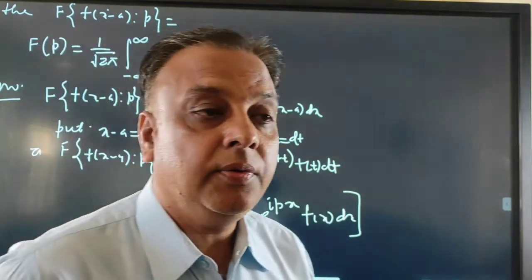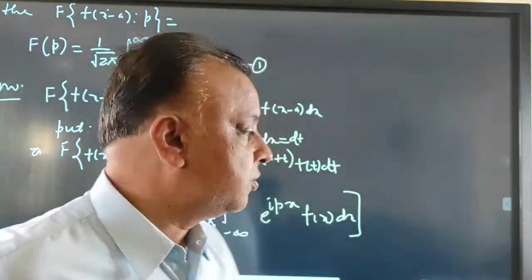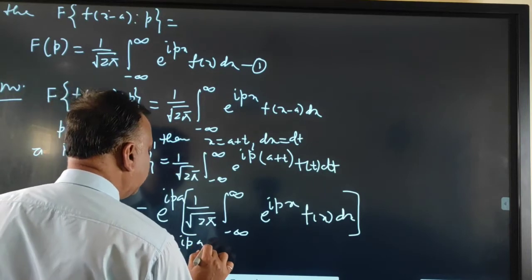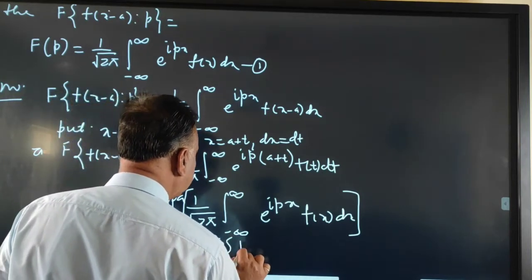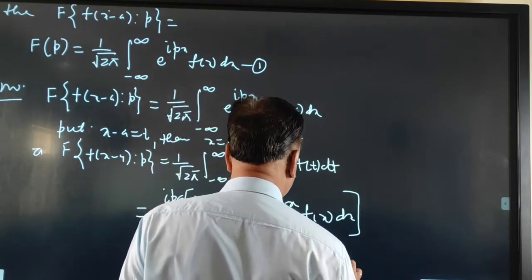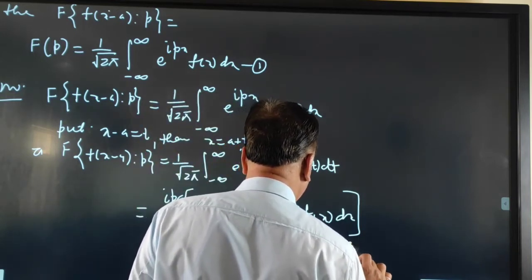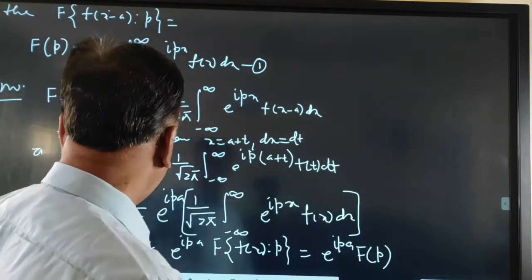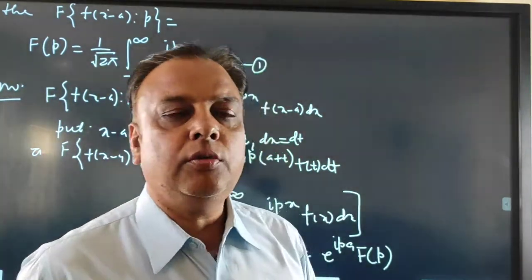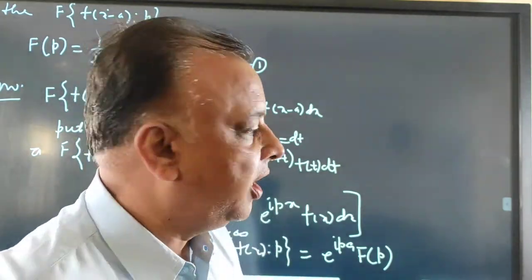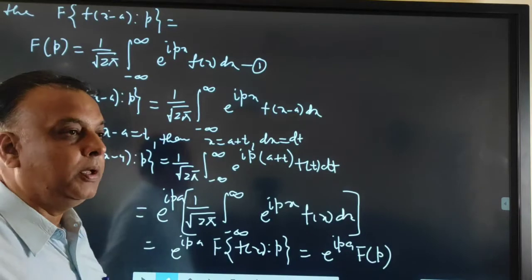And we know that the Fourier transformation of f(x) is equal to F(p). So this is equal to e raised to iota pa times the Fourier transformation of the function f(x) with respect to p, which is equal to e raised to iota pa into F(p). So if the Fourier transformation of f(x) is equal to F(p), then the Fourier transformation of f(x minus a) is equal to e raised to iota pa F(p).